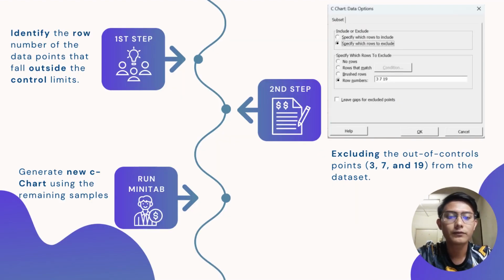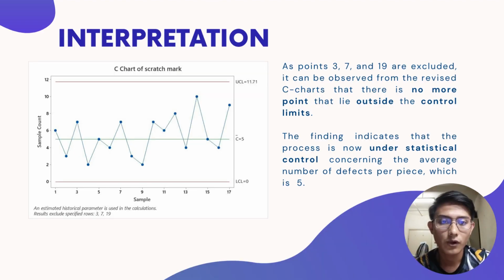To solve the problem, firstly we need to identify the points that's outside the control limit, and then we exclude the point which is point 3, 7 and 19, and then we generate the new C chart. For the result, as point 3, 7 and 19 are excluded, we can see that there are no points outside the control limit. This indicates that the process is under control concerning the average defect is 5.